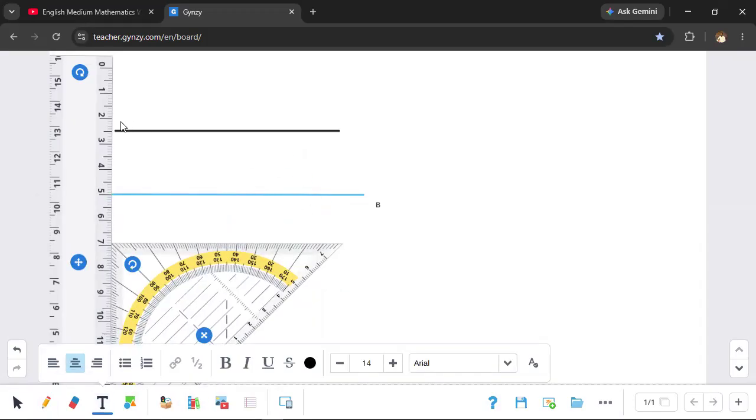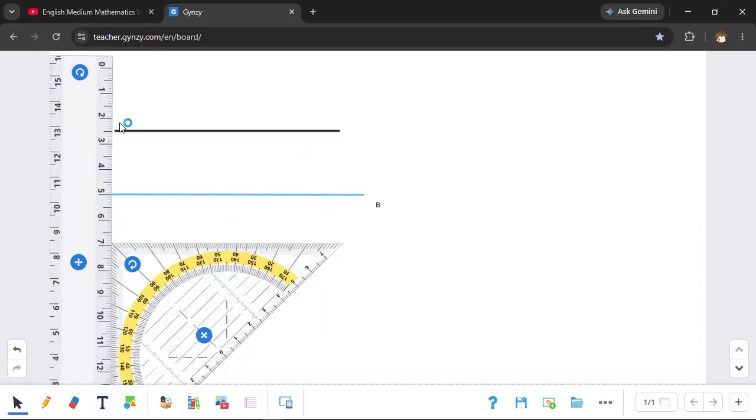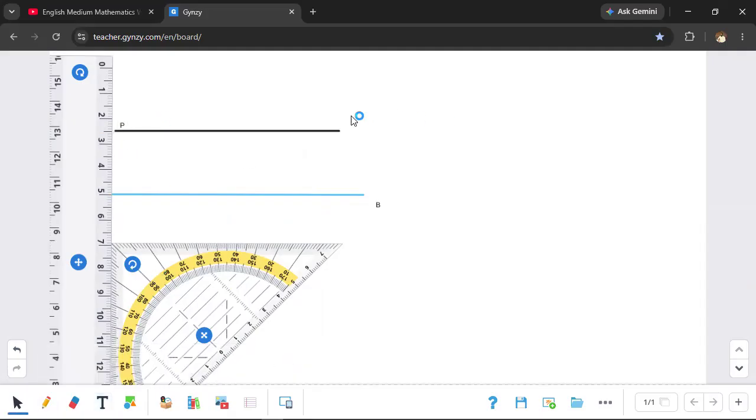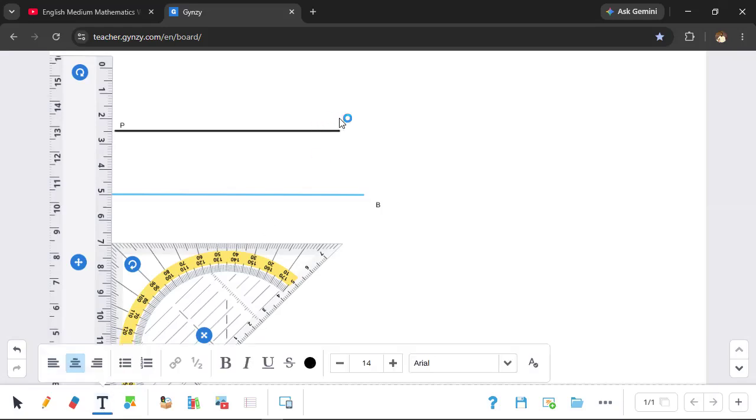So I will name it. The bottom one is AB. The top one, this point is P and this point is Q.